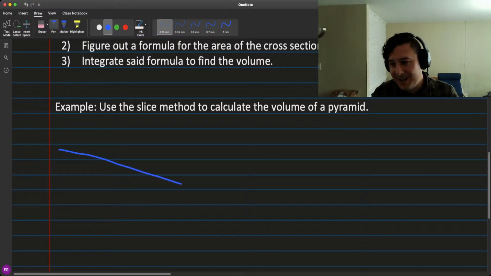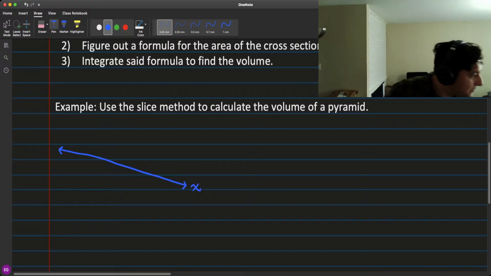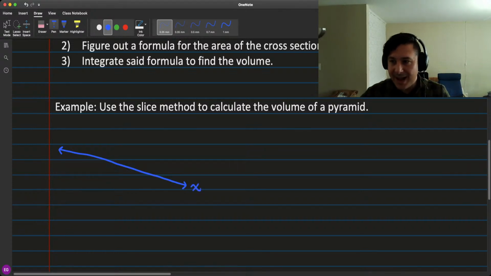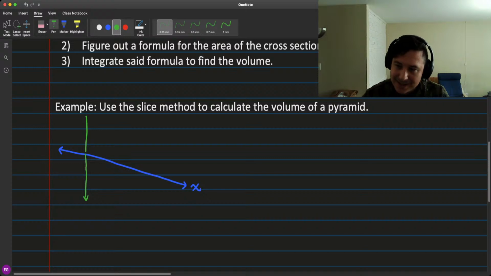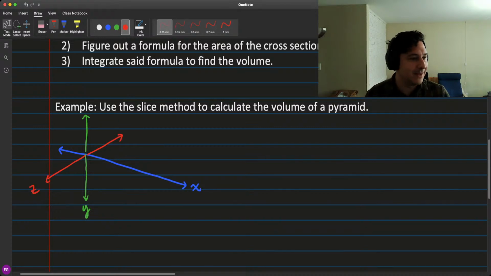This is going to be the x-axis, and this is going to be the y-axis. We don't really care, but does it make sense that the z-axis is like that? Cool.